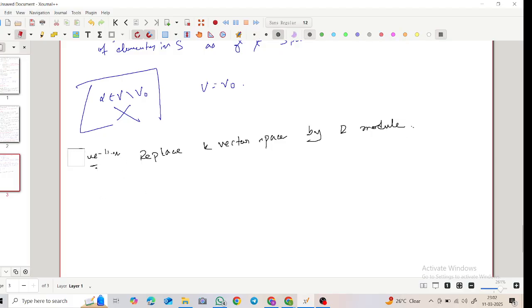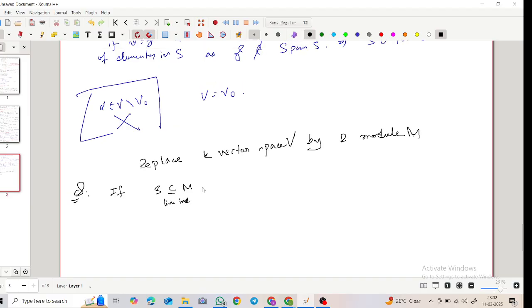If R module M, if S is a subset of M, it is linearly independent, okay?